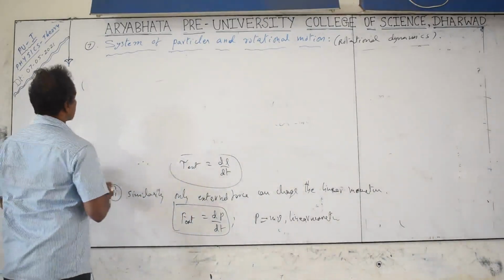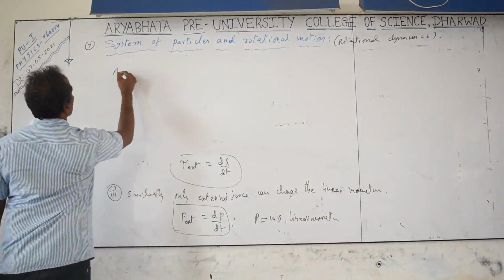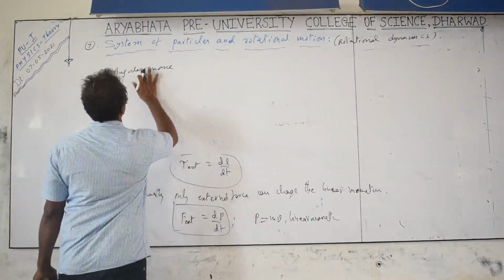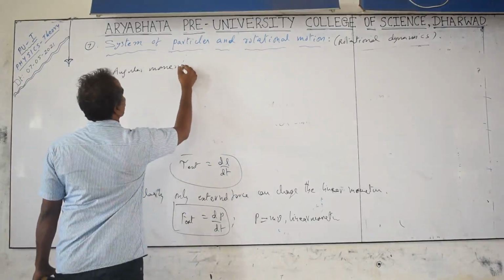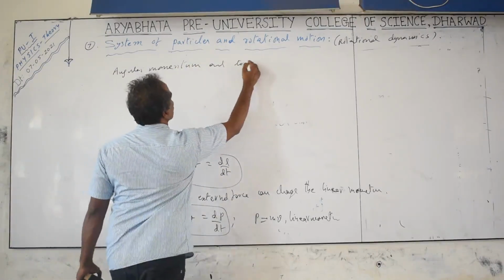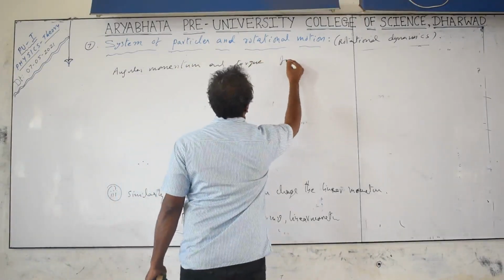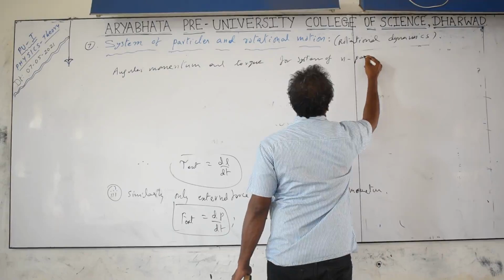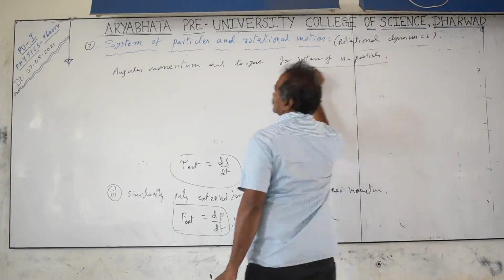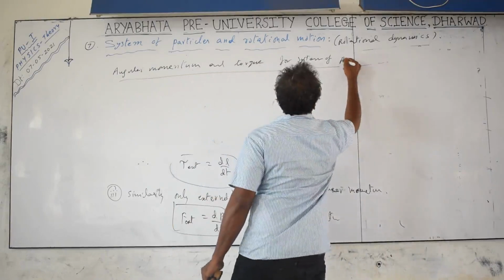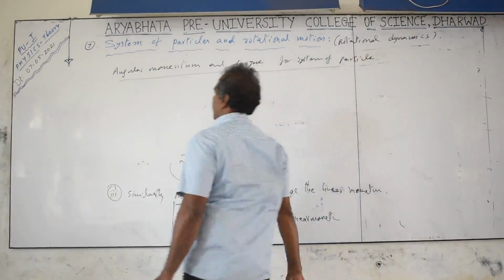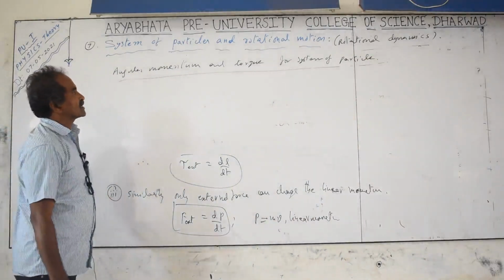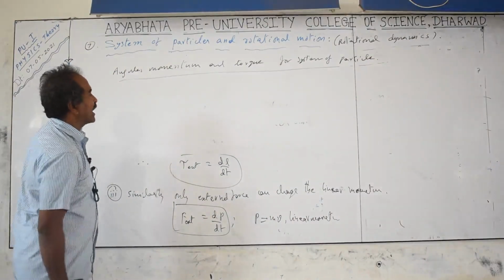If you take a system of particles, angular momentum and torque relations for a system of n particles, this is not much important, just have it as an extra point. For a system of particles, if you take several particles having angular momentum, then you have to take the net angular momentum, which is nothing but the vector sum of all the angular momentums.